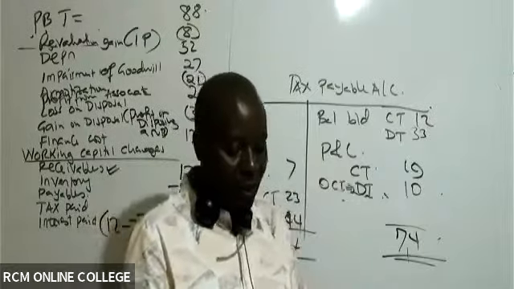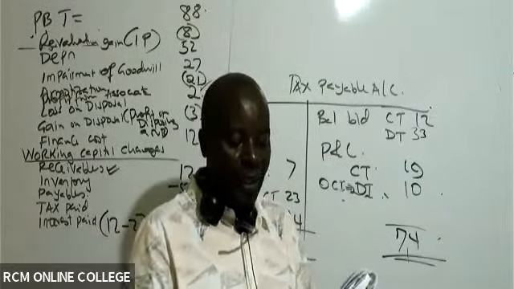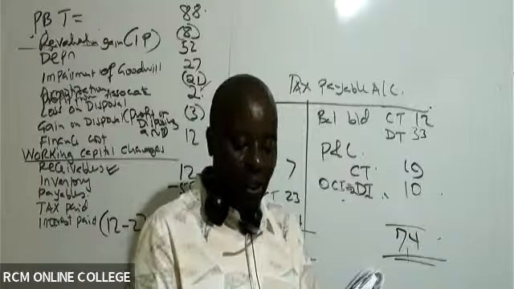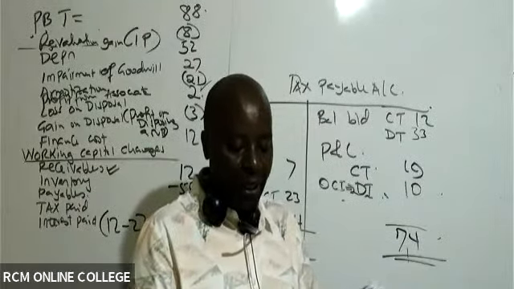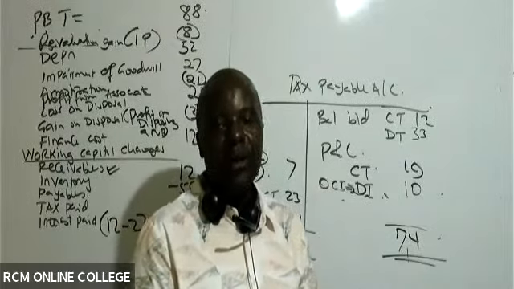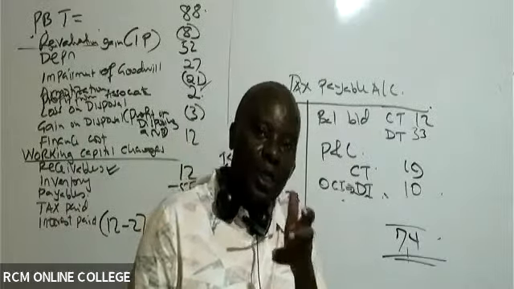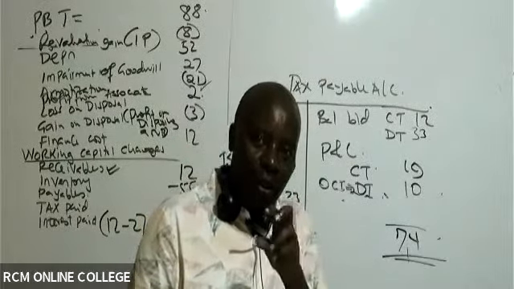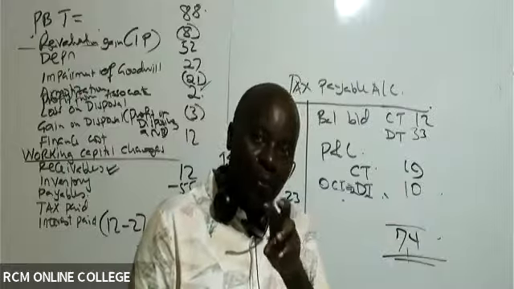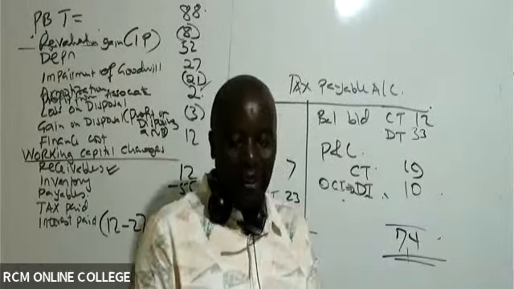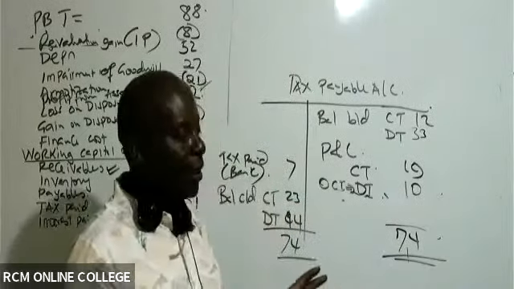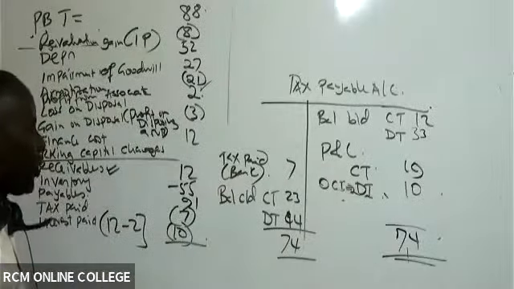If you look at note number 6, finance cost included a 2 million loss on the retranslation of a loan that was denominated in foreign currency. So that is a loss on retranslation, the 2. So the actual interest that was paid is supposed to be 12 minus that 2, which gives me 10. And that is it.